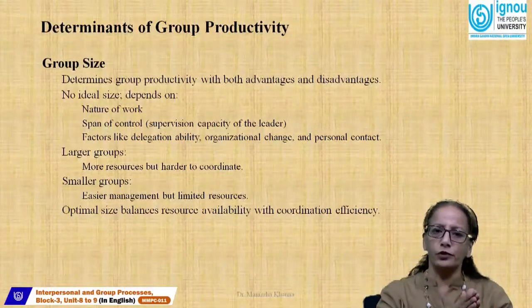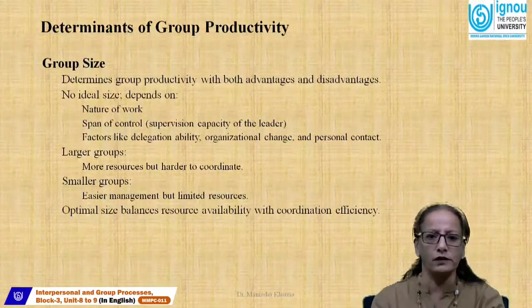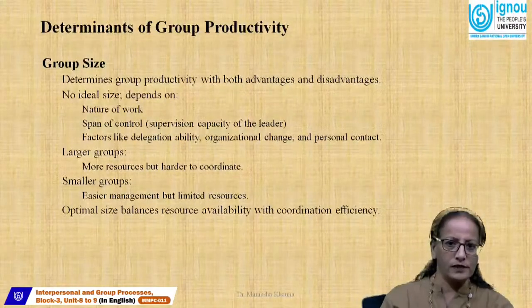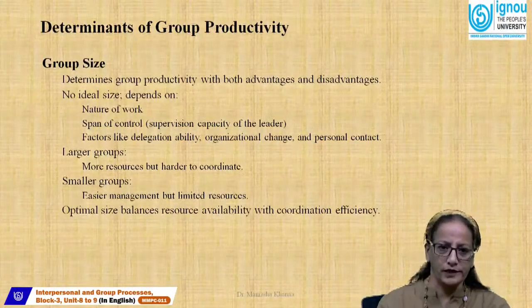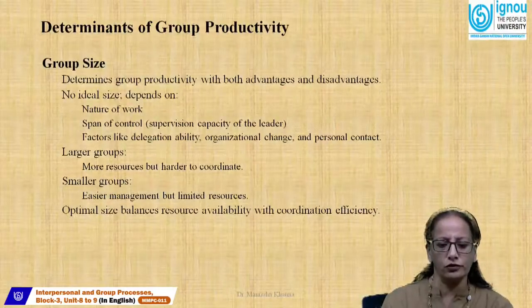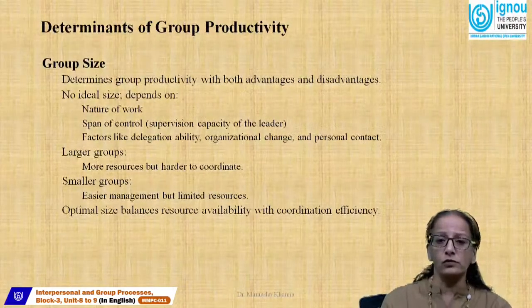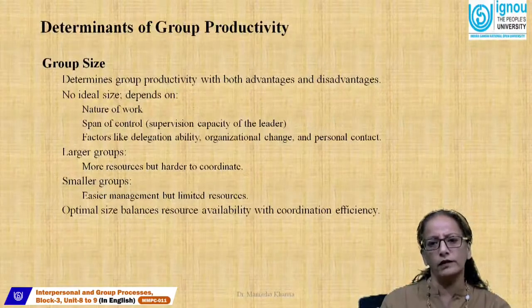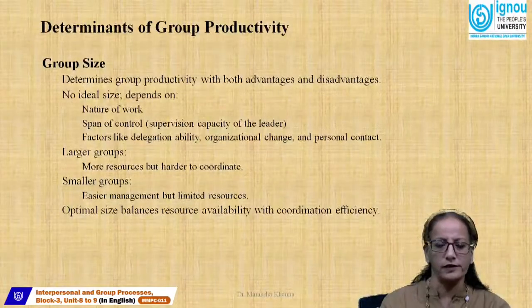Group size has its own advantages and disadvantages. There is no ideal group size. It depends on the nature of work, the span of control, and also on factors like delegation, ability, organizational change, and personal context.